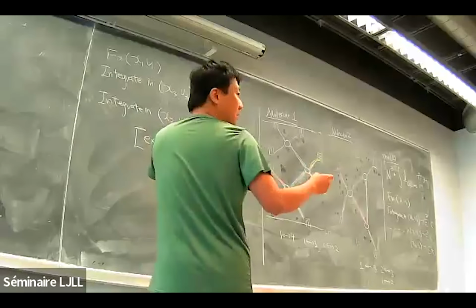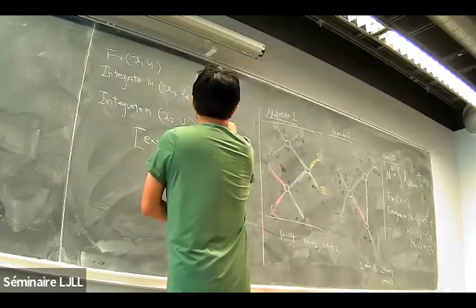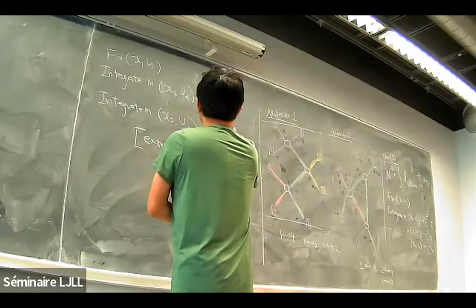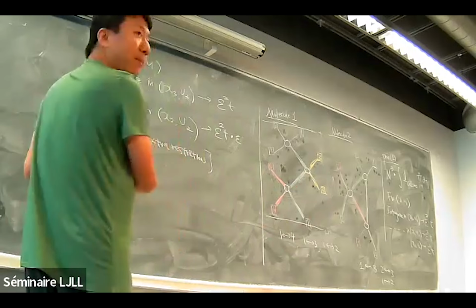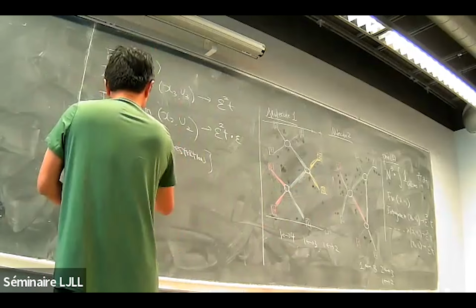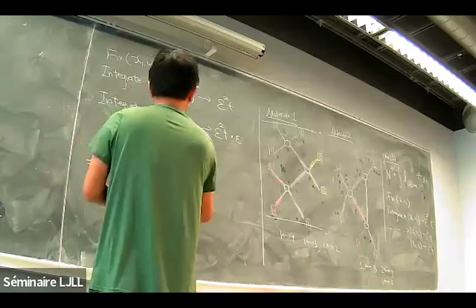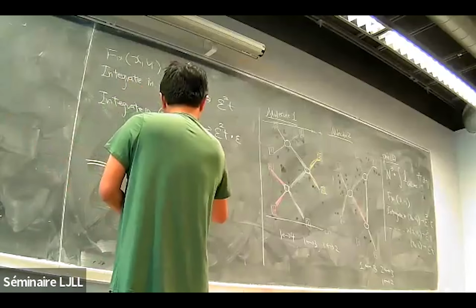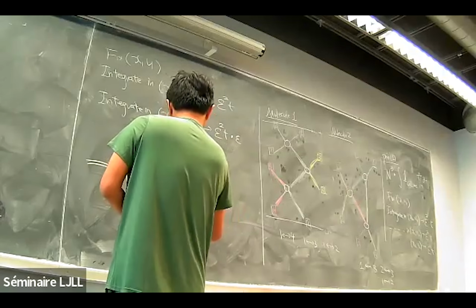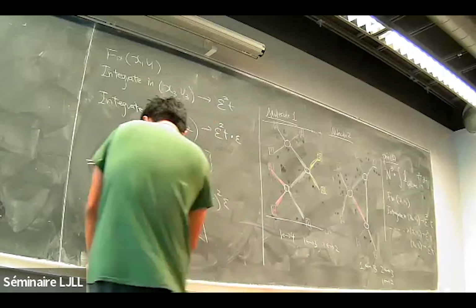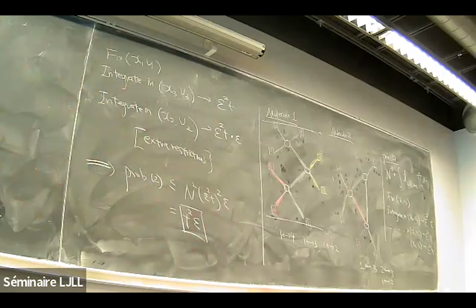You're going to get, in fact, generically, epsilon to the square t times another epsilon. And then you see the probability of q is less than n squared, m squared t to the square epsilon, which is t squared epsilon, which now goes to 0 in the limit when epsilon goes to 0.